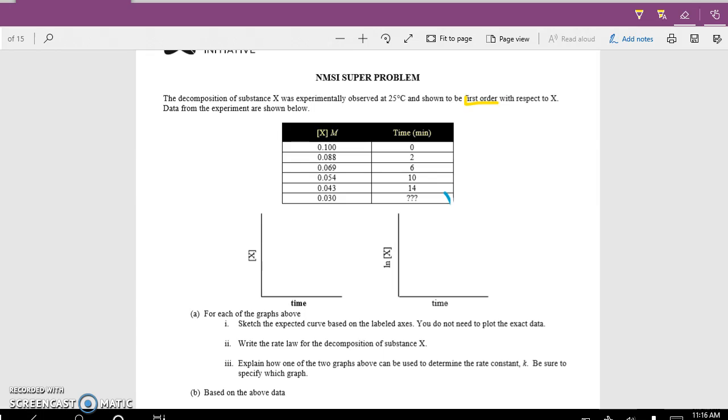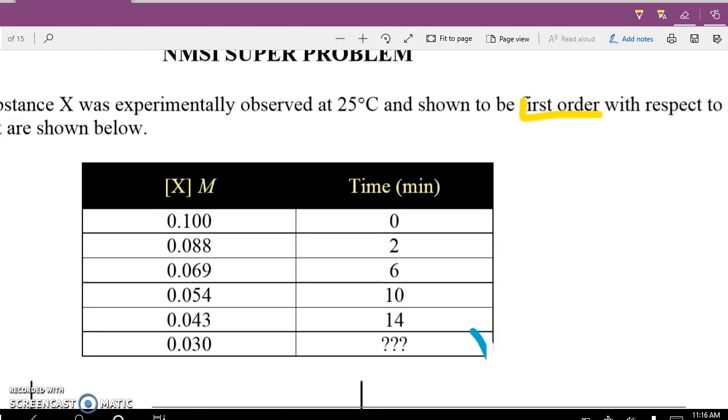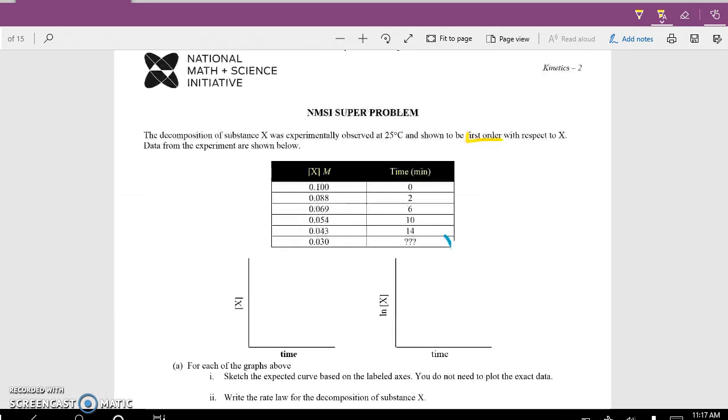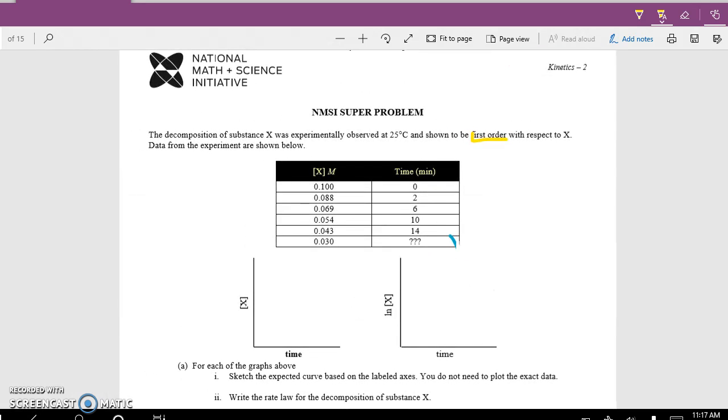We should be thinking about which variables we're going to be using when graphing concentration over time. Since it's concentration over time, are we going to use the regular rate law, the differential rate law, or the integrated rate law?